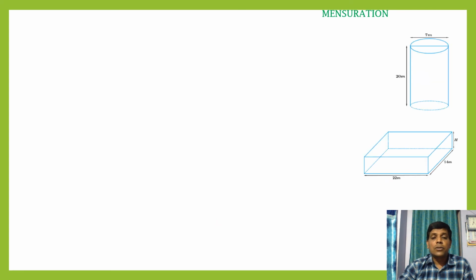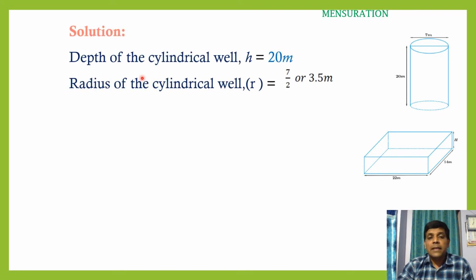So coming to the solution. The depth or height of the cylinder, h, is equal to 20 meters. The radius of the cylinder, r, equals 7 by 2, or 3.5, since the diameter is 7 and the radius is half of the diameter.